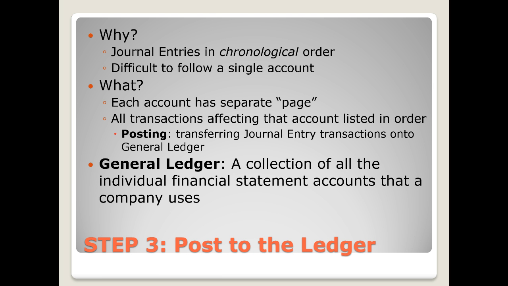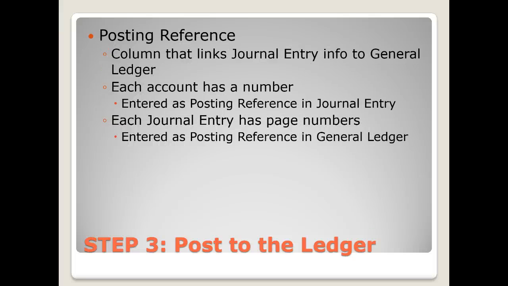And the general ledger is the collection of all the individual financial statement accounts that a company uses. Remember that chart of accounts we said that every company has? Well, their general ledger follows all of the journal entries that occurred to all of the accounts on its chart of accounts. So let's look at what would have happened to all those high-tech entries that we made.